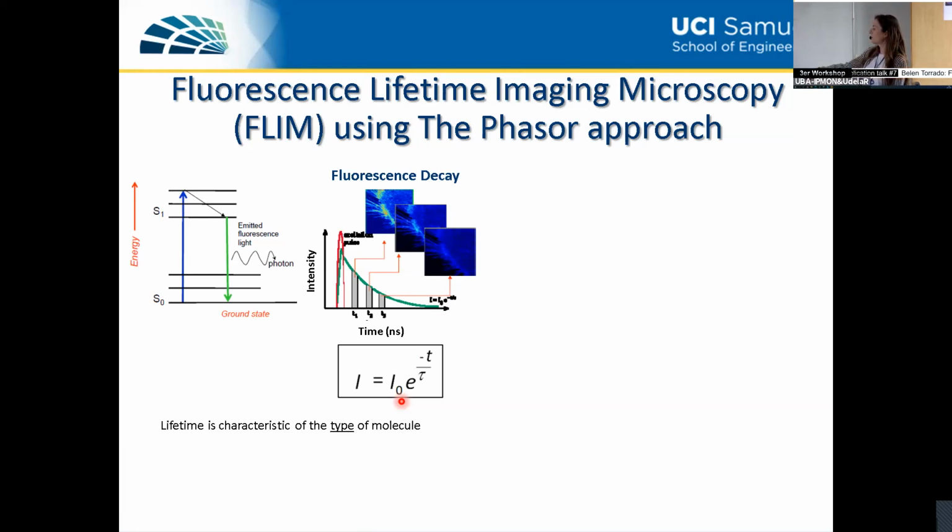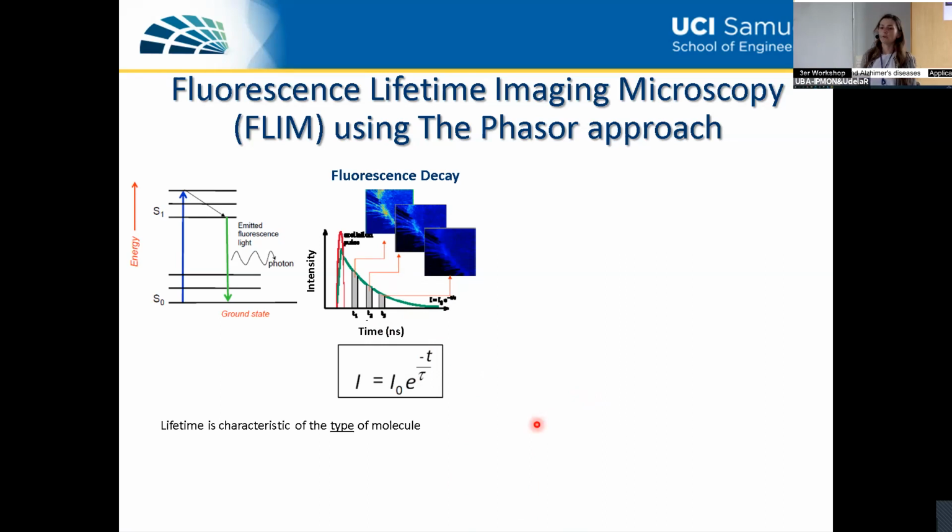What we do in the microscope with FLIM is give a pulse with a pulsed laser, excite the molecules, and then record the photons that arrive over time, and we have this characteristic fluorescence decay curve.